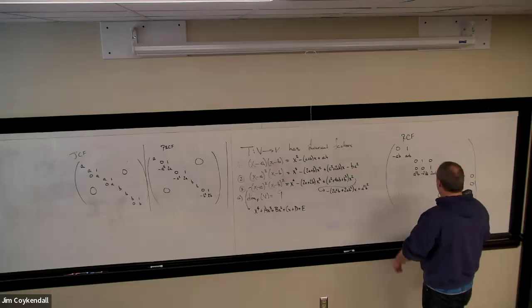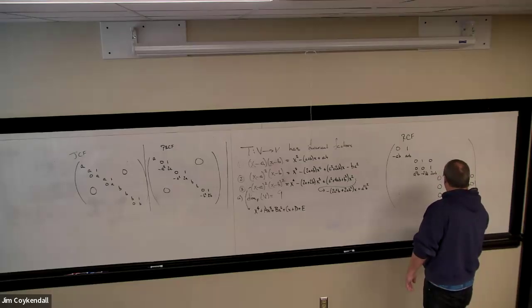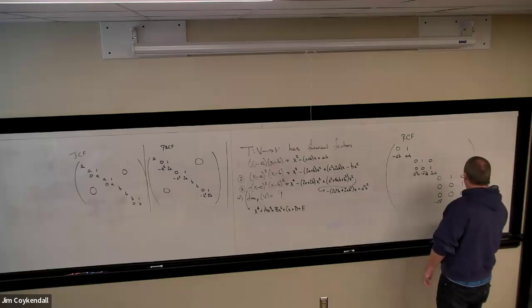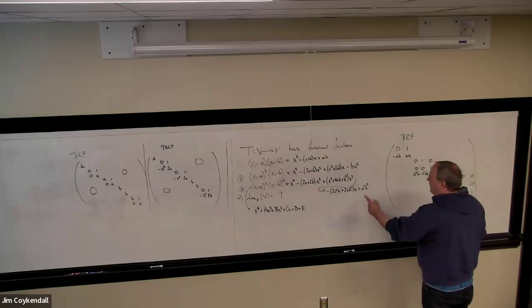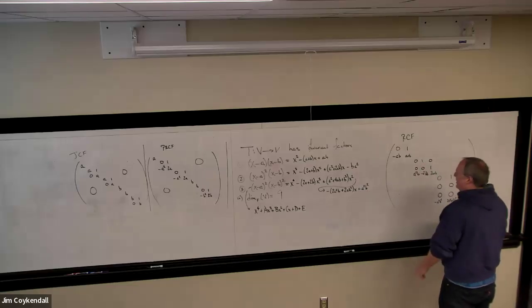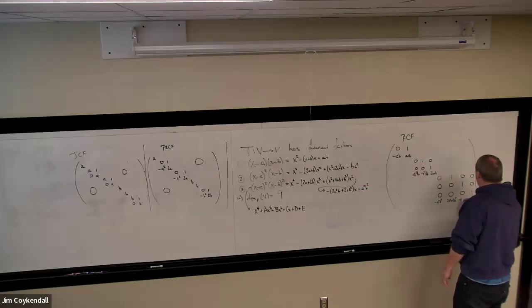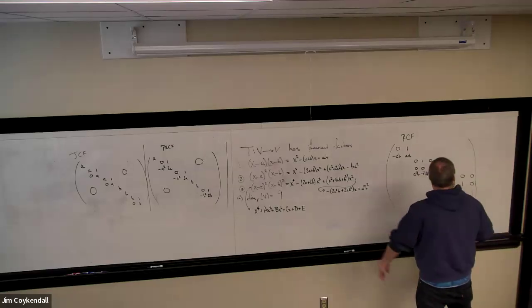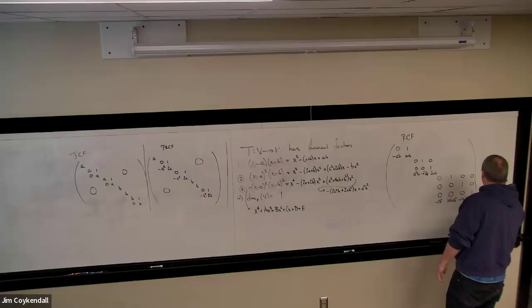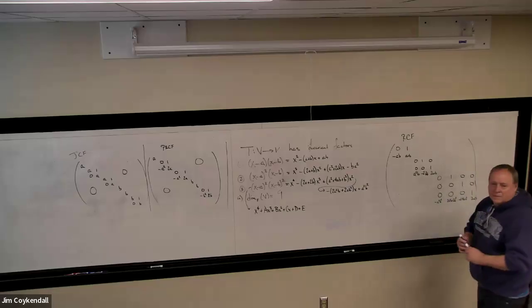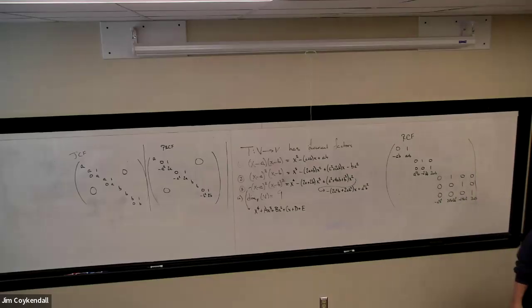And for this last one, I get minus A squared B squared. I get 2A squared B plus 2AB squared. And then I get this mess, minus A squared minus 4AB minus B squared. And finally, I get 2A plus 2B. And there it is.